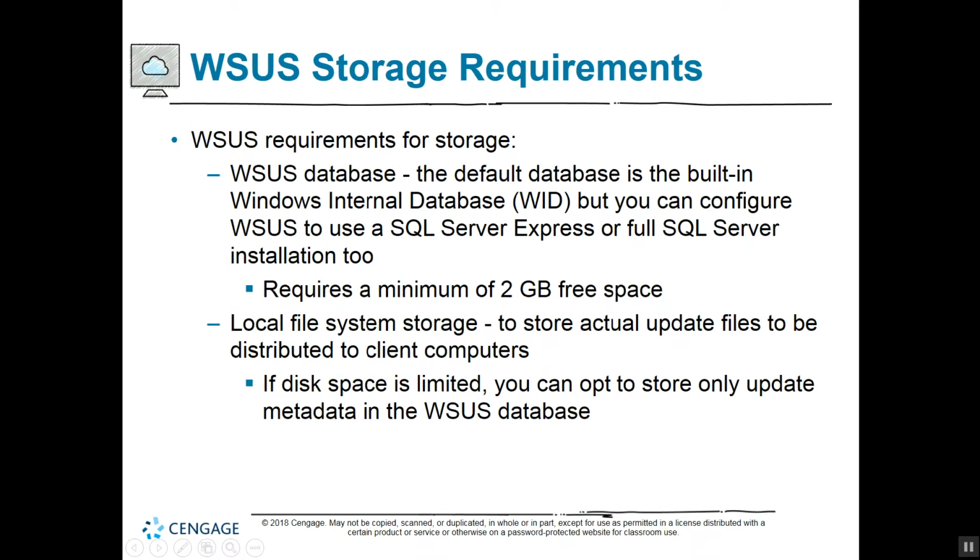All right. WSUS requirements for storage. We've got the Windows Internal Database, that's WID, or you could configure WSUS to use SQL Server Express or a full SQL Server install too. It requires at least 2 gig of free space.